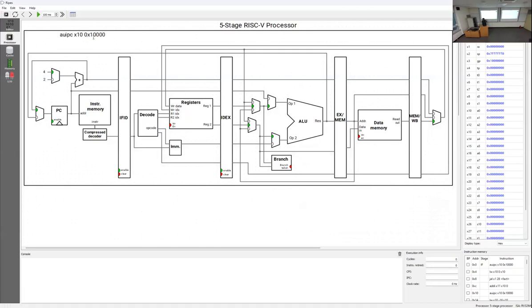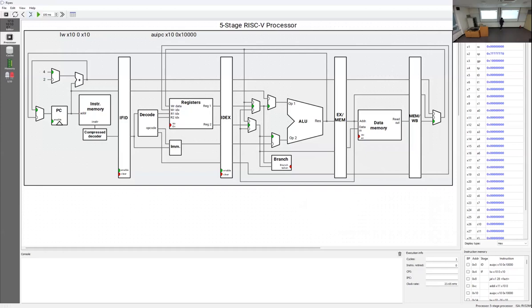So the first instruction is in the instruction fetch stage, and then if you click this icon, you can find that the new instruction is fetched, and then here's the AUIPC.